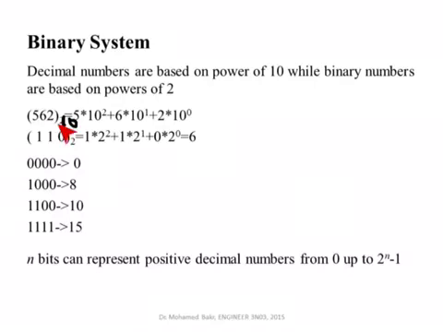So this is 562 and this is base 10. So this means that 2 is multiplied by 10 to the power 0, 6 is multiplied by 10 to the power 1, 5 is multiplied by 10 to the power 2. So we multiply the value of every digit by powers of 10. And every digit can take a value between 0 and 9.